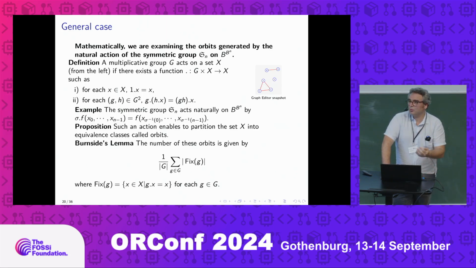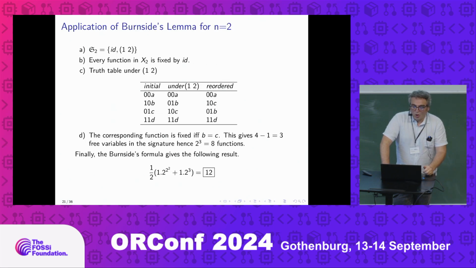This is a nice way to get the number of classes. Okay, so if you apply Burnside's lemma for n equals 2, you go through this process and you get 12. So it seems to be working.